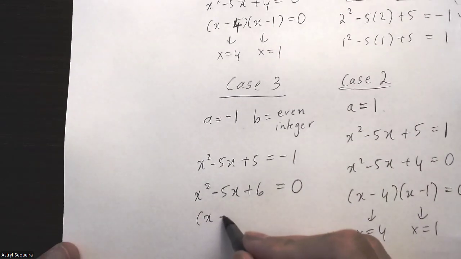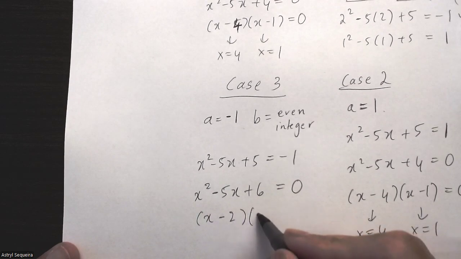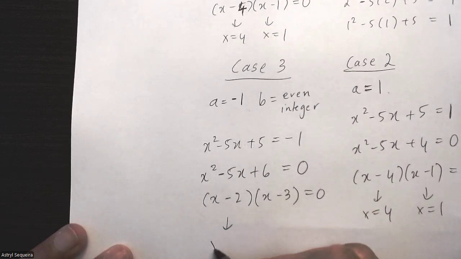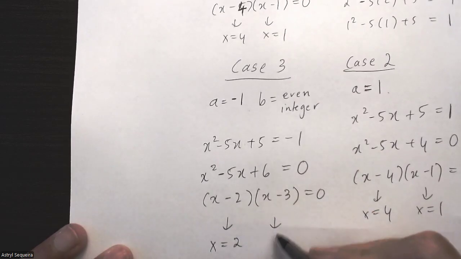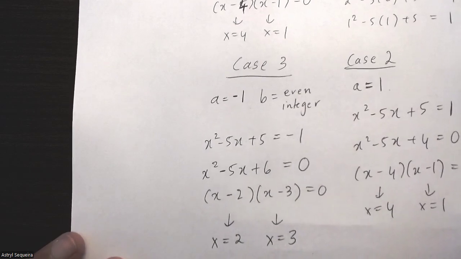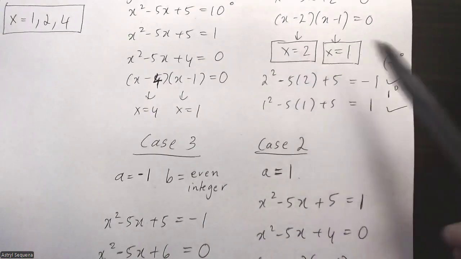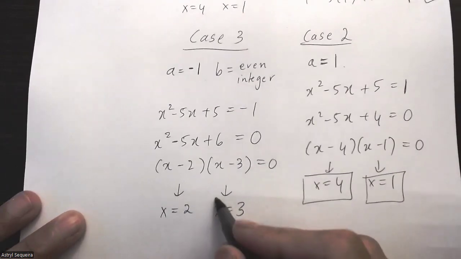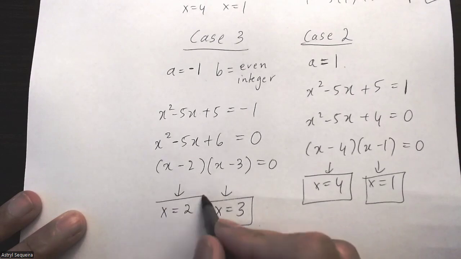If I factor this, I'll get x minus 2, x minus 3 equals 0. And this gives me another two solutions of 2 and 3. Now, 2 was already included in the solution over there, so we don't have to repeat it. But 3 is another potential solution.